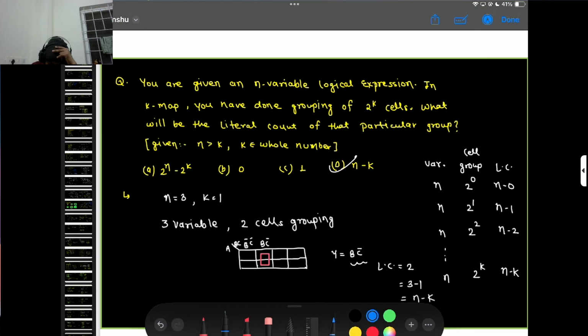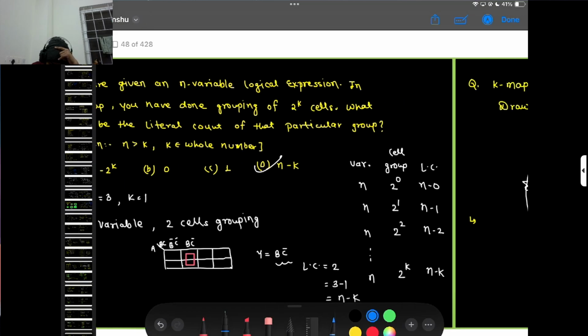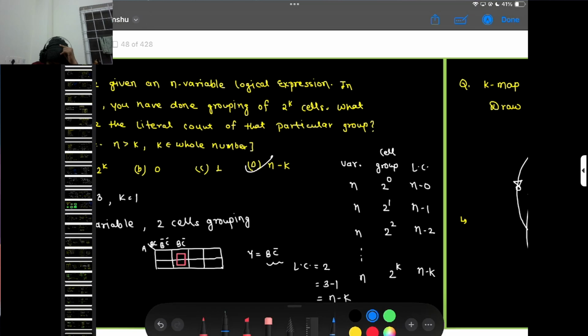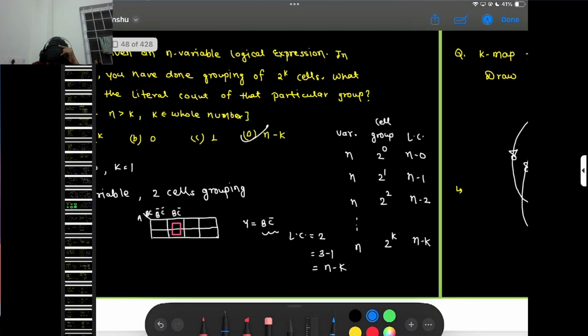So this is basically a 3 variable K-map, and k is equal to 1. So three variable, two cell grouping, Y equal to B C bar. So the literal count is 2. 3 minus 1, that is n minus k.